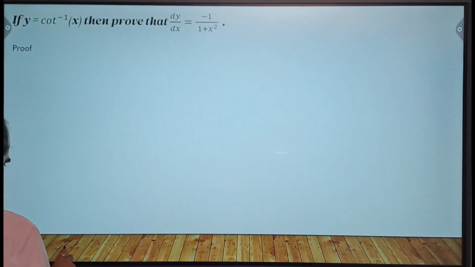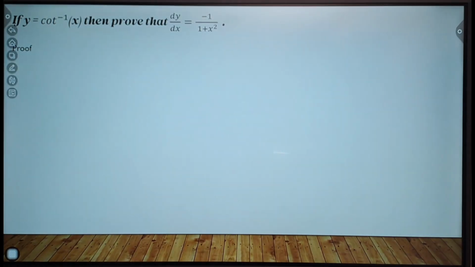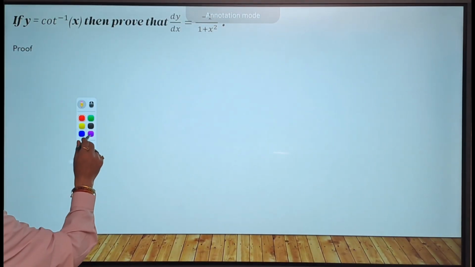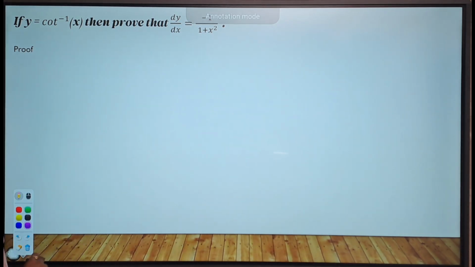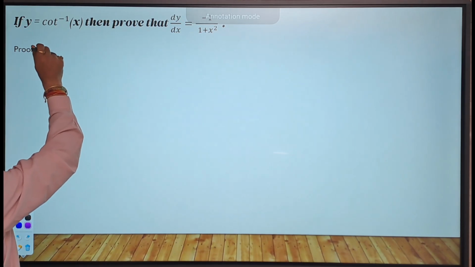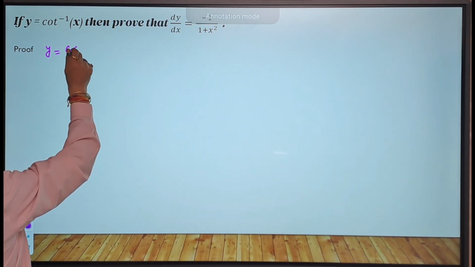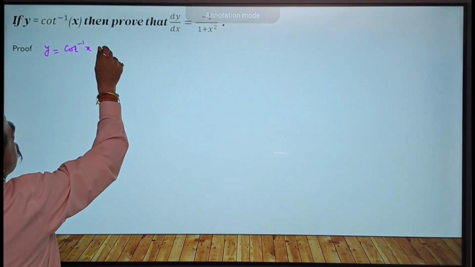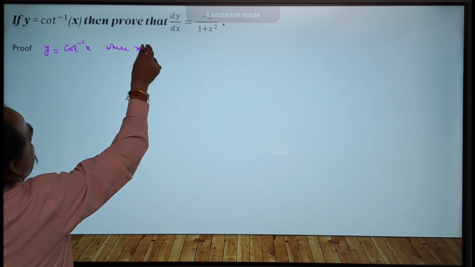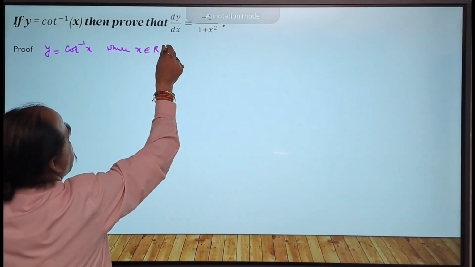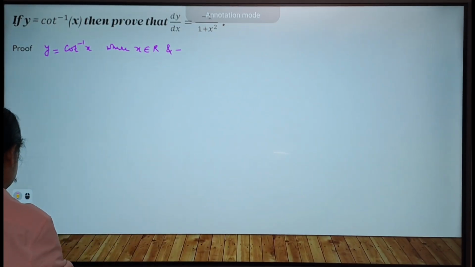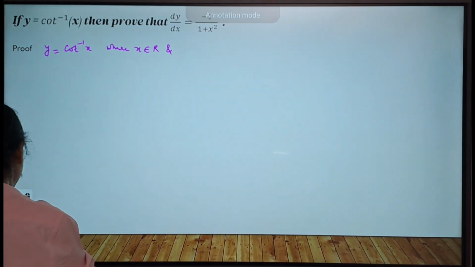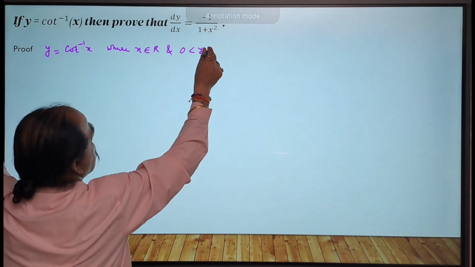Next is y is equal to cot inverse x, where x belongs to real numbers and 0 less than y less than pi.